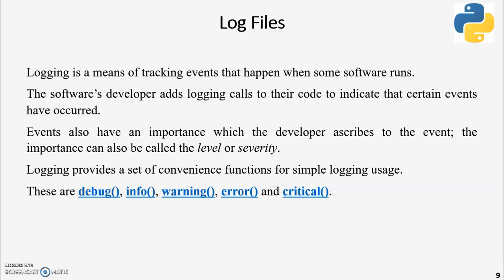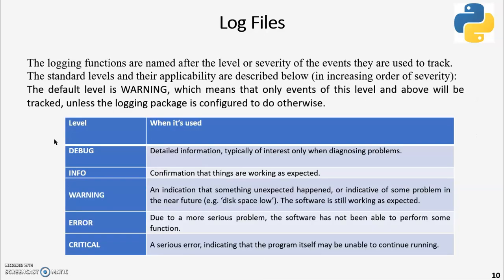The logging module provides a set of convenience functions for simple logging usage. These are debug, info, warning, error, and critical. The logging functions are named after the levels of severity which are to be tracked.